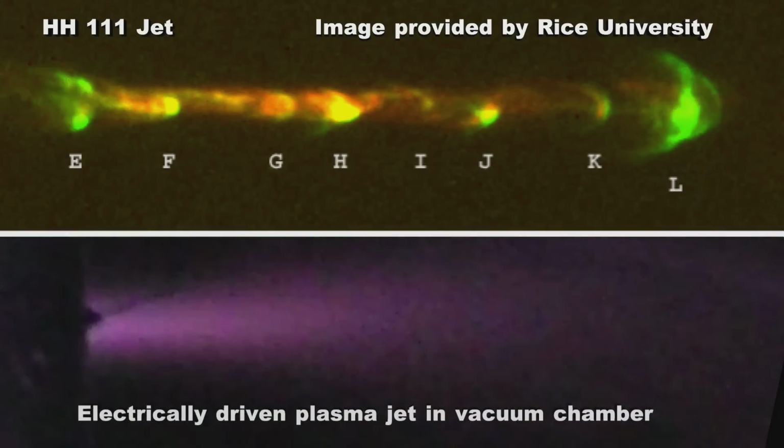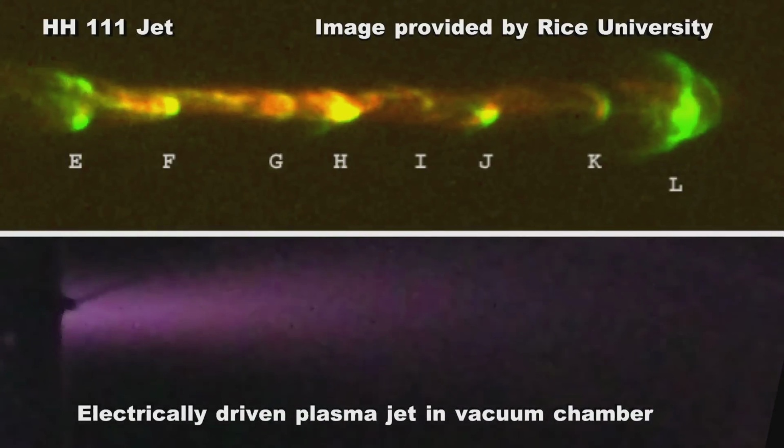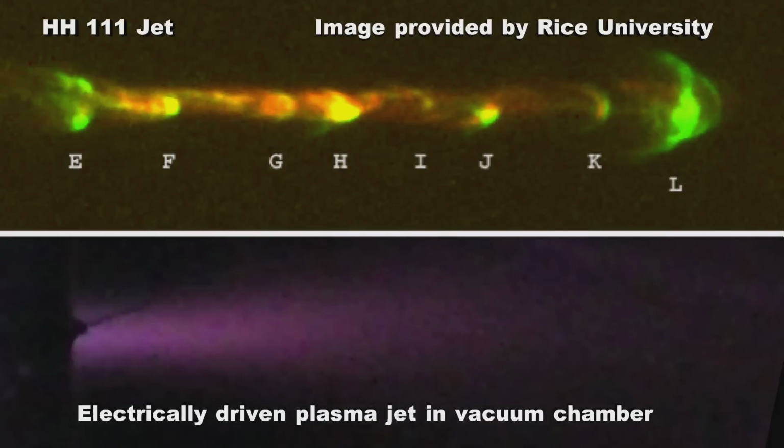The externally electrically driven plasma jet, as shown in the lower image, is very steady and it fades gradually, whereas the jet of HH-111 has dramatic pulse formations and a sudden cutoff at the tip.